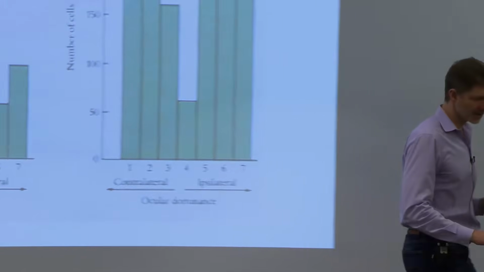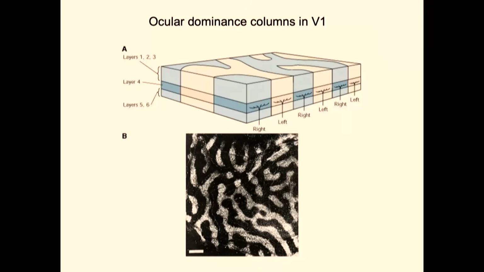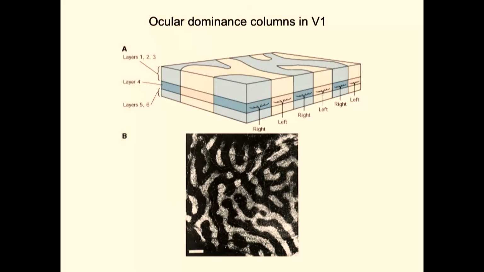So a lot of the neurons are dominated by one eye, and that shows up in another structural feature of the visual cortex, which is ocular dominance columns. If you're looking down at the cortex, this is the cortical surface. This is the result of an experiment where people were able to image the activity in the visual cortex while an animal had one eye open.